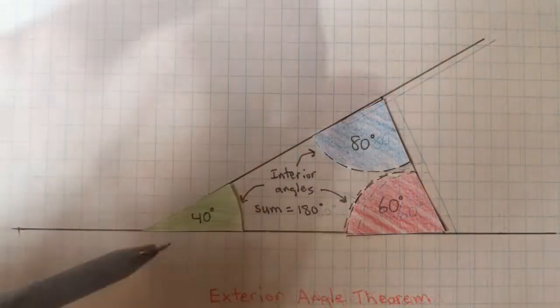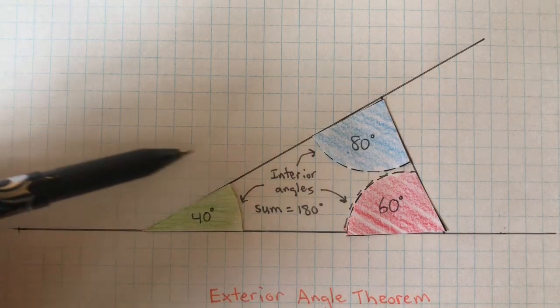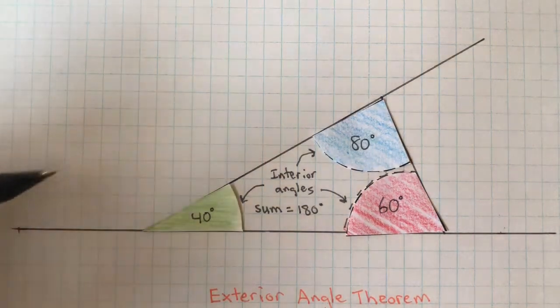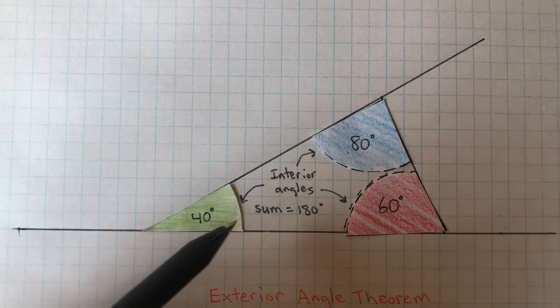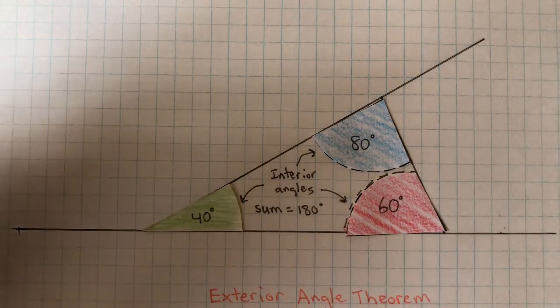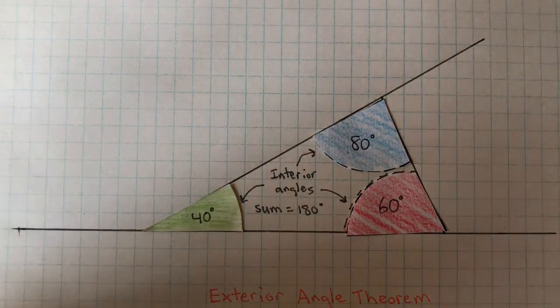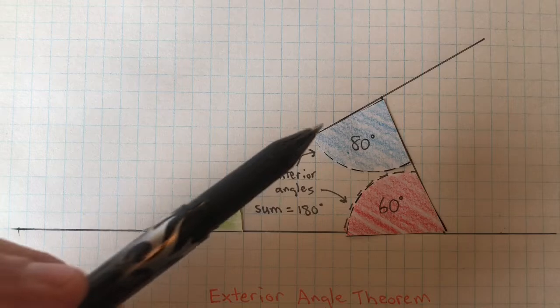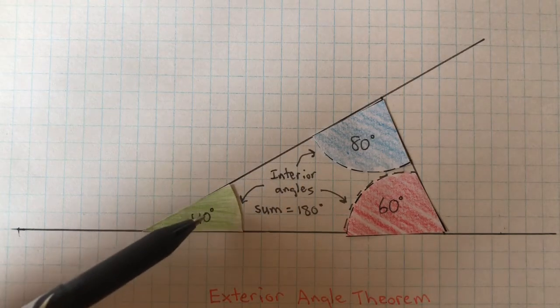We're going to use the exterior angle theorem to show the measure of this exterior angle. And remember, the measure of the exterior angle of a triangle, this exterior angle, is equal to the sum of the two remote interior angles. So we have remote, think of being like on a remote island, far away.